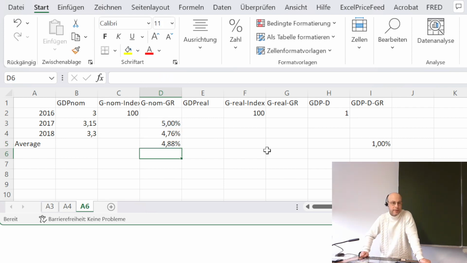Here we see that this is almost the same. There would be a difference in the later digits, but since we have growth rates lower than 10%, and they are quite close to each other, this doesn't really differ from the arithmetic mean.